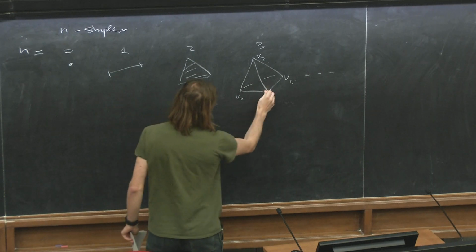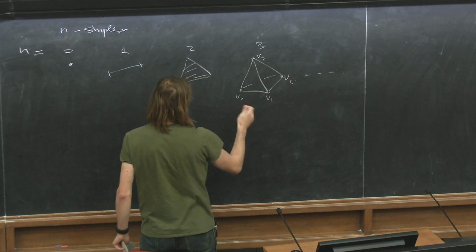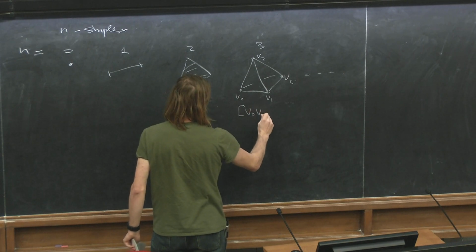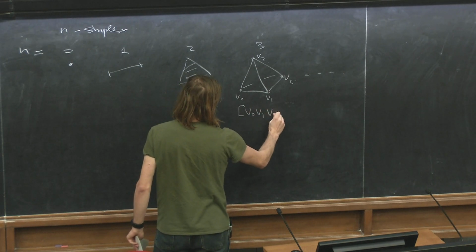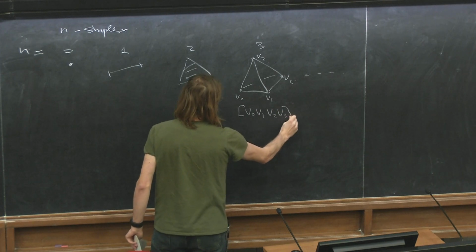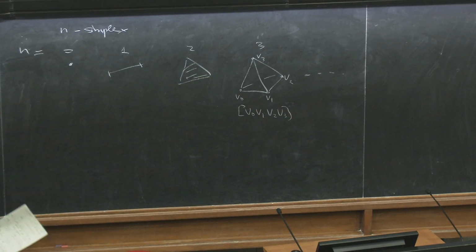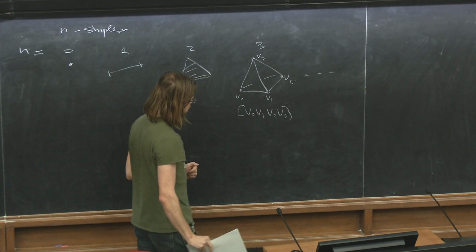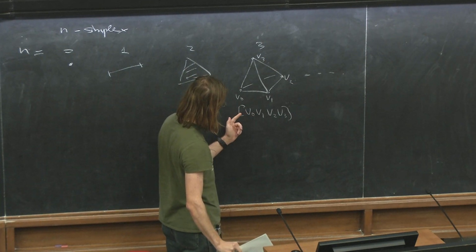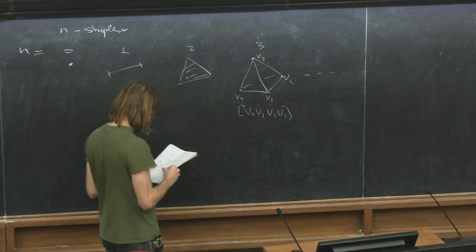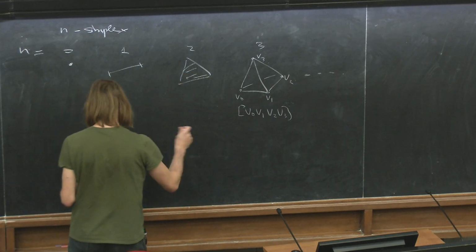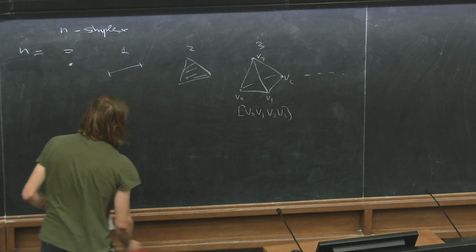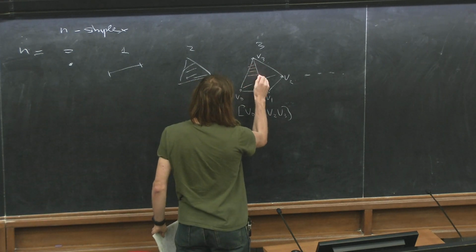If you pick some notation for the vertices, then we can usually denote a simplex by the sequence of its vertices, and in general we want to keep the order. So the order will be important for us.